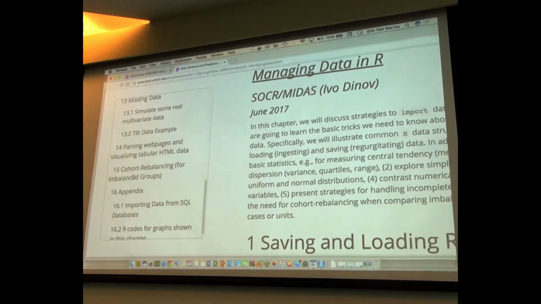Because remember, the rule of thumb is that if the sample size of one of the cohorts is 2 or more times larger than the size of another cohort, you have a very strong potential for a bias introduced by the majority.